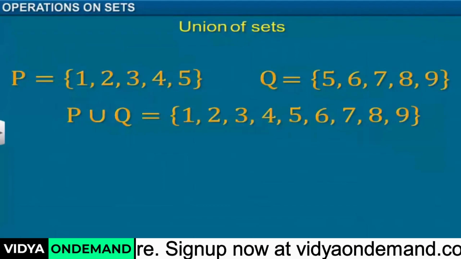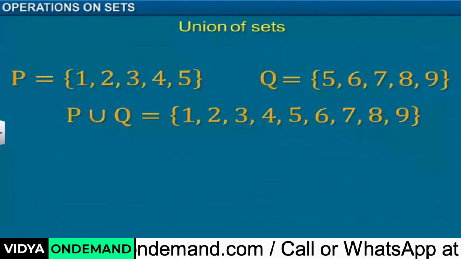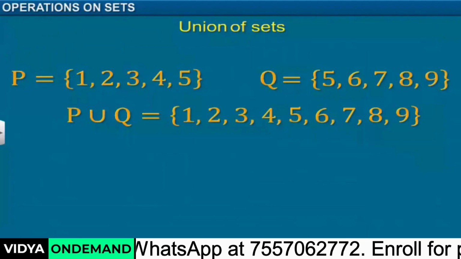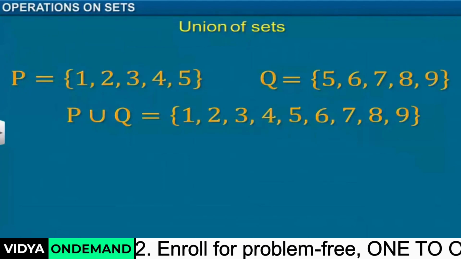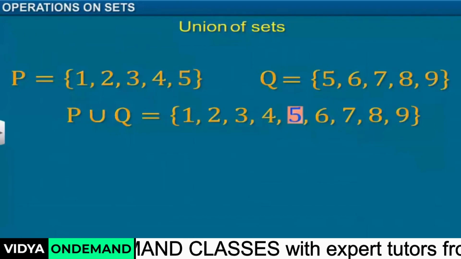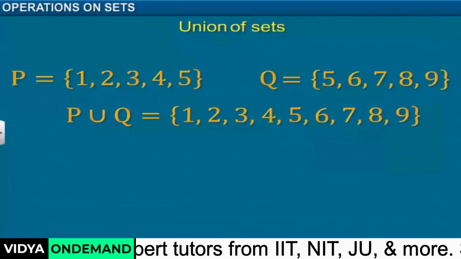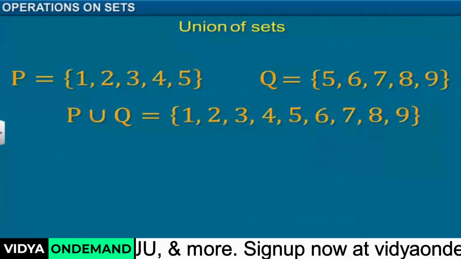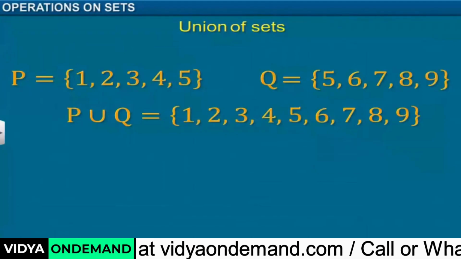The repeated elements are written only once. Here, 5 in both the sets is written only once. Hence, set P union Q consists of all the elements of sets P and Q.